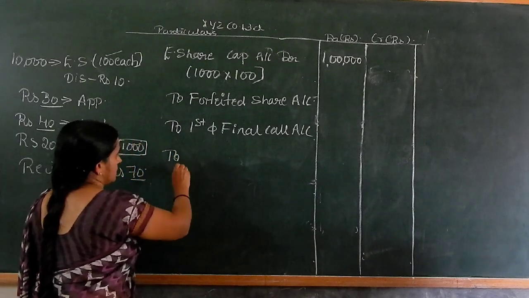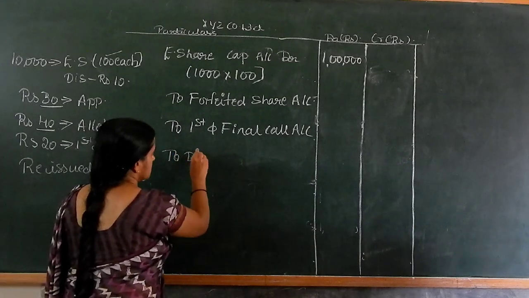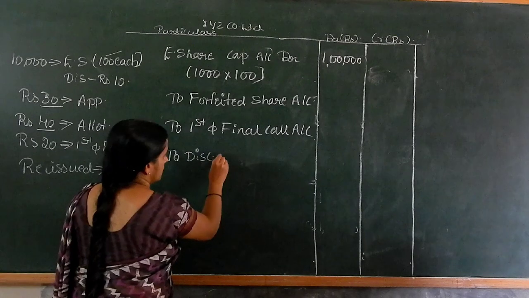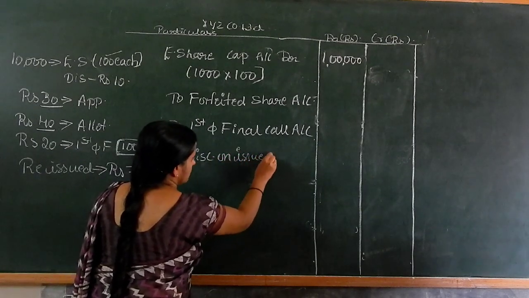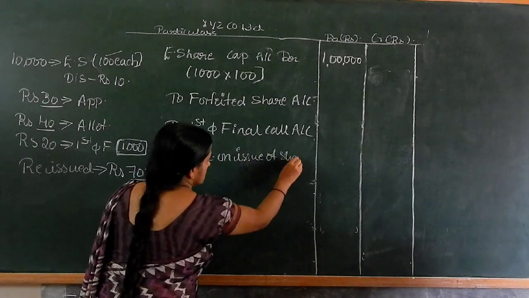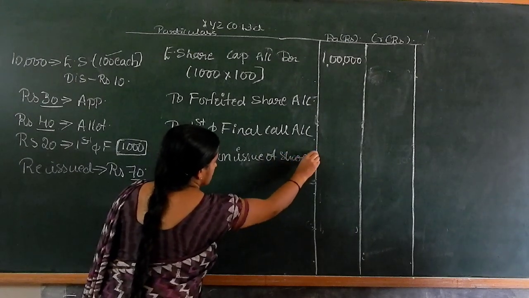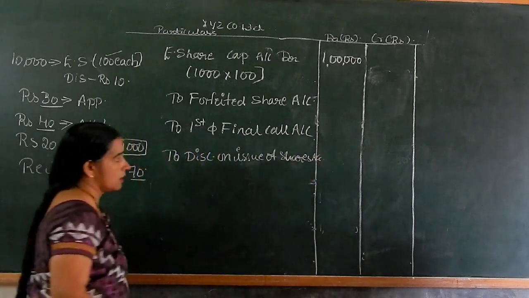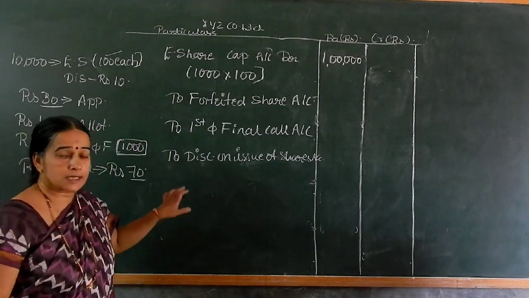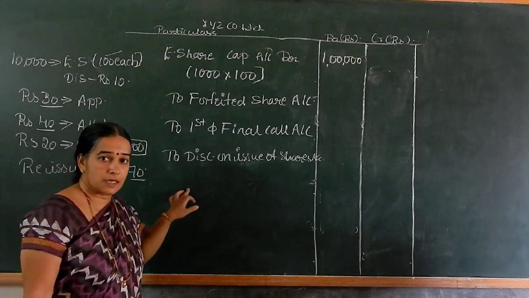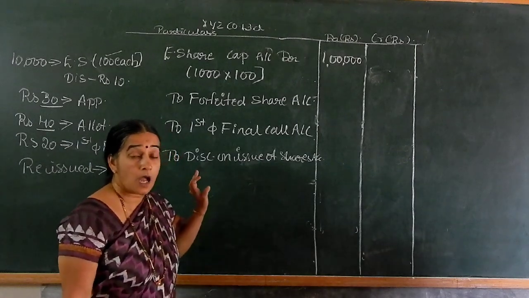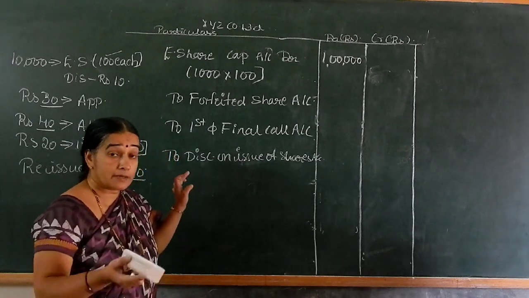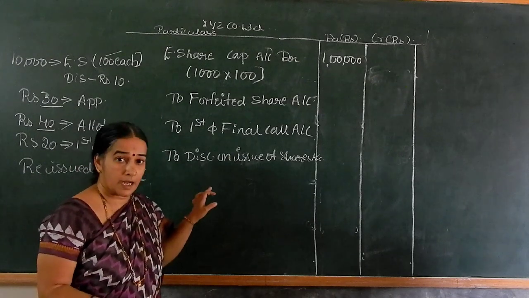Discount on issue of shares account. Listen here. In the third entry, the discount is debited because it is an expense. Now that discount has to be cancelled.